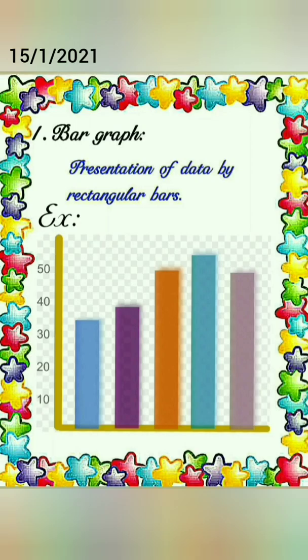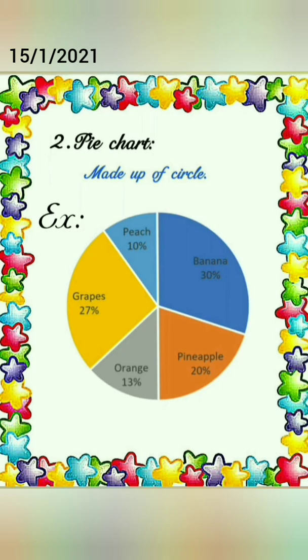Now the first is bar graph. The presentation of data by using rectangular bars is known as a bar graph. In a bar graph, the length of the bars can be different to represent the data, but the width will remain the same. Now second is pie chart.